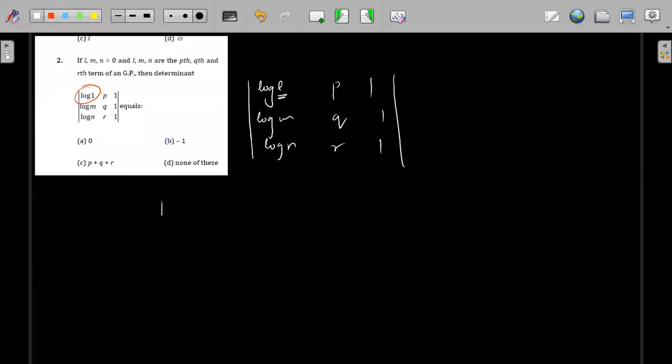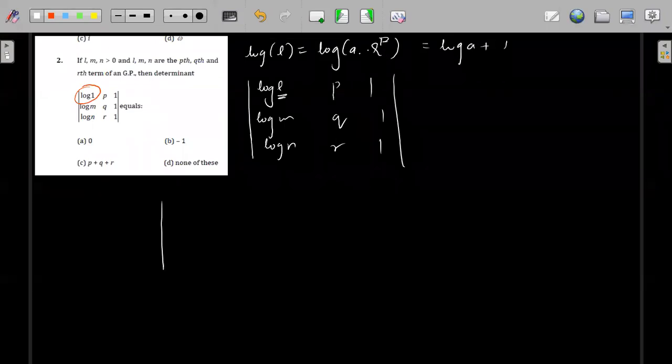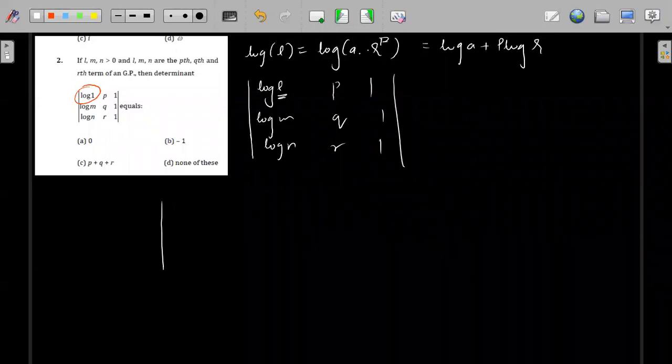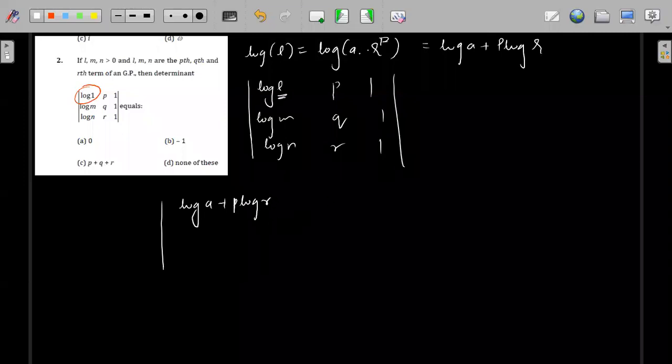Okay, so let's see. We can take the Pth, Qth, and Rth terms. So log L, I can write as log of A, the first term, into R to the power P. So this will become log A plus P log R, right?